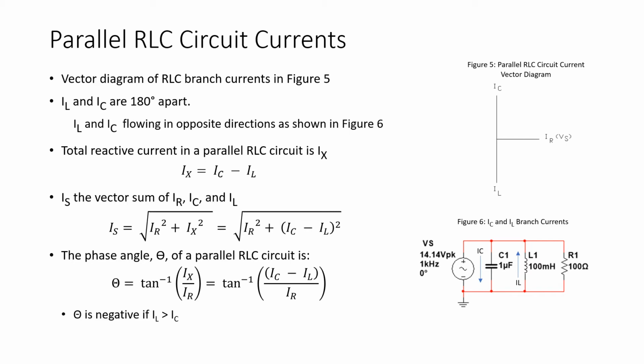And we can calculate the phase angle of the source current by finding the inverse tangent of (IC minus IL) over IR. Again, note that in this equation, if IL is greater than IC, then we will return a negative value for theta.